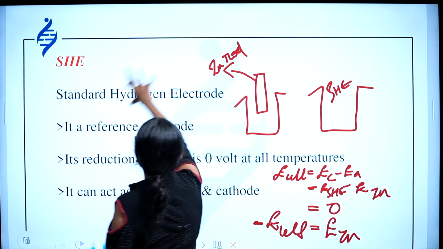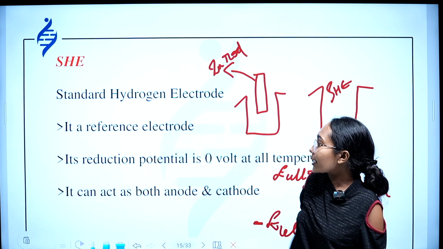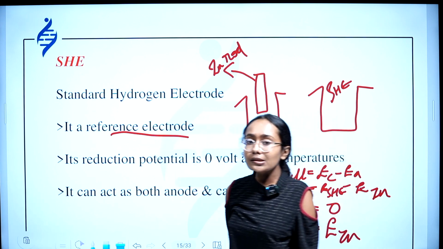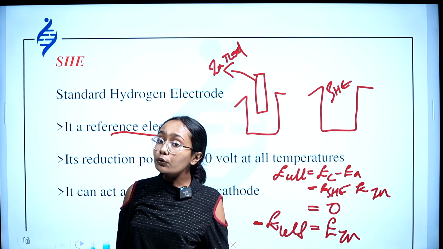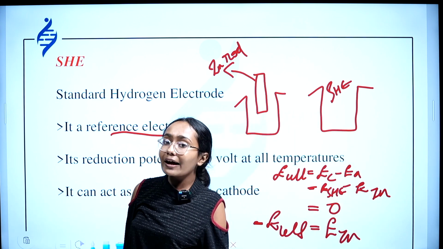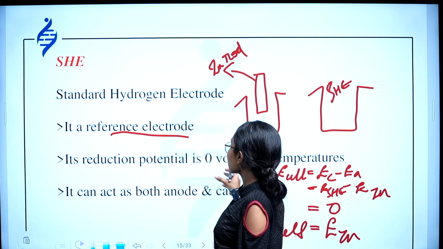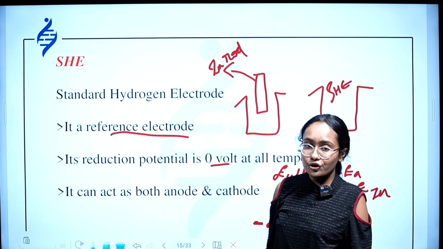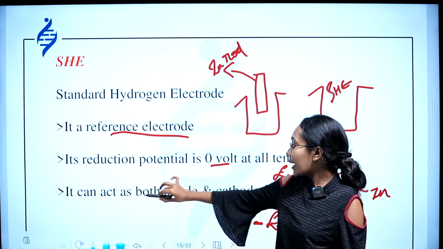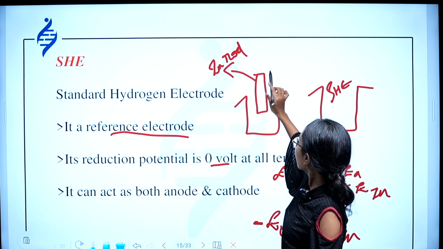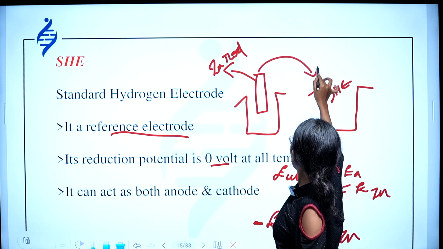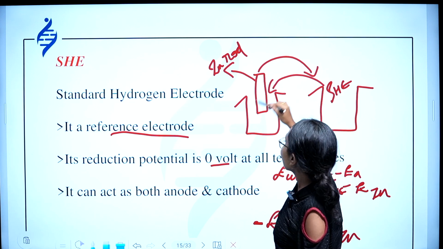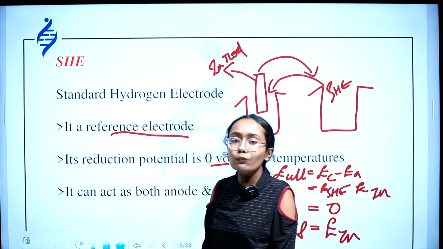Coming to other features of the standard hydrogen electrode, it's a reference electrode. Reference electrode in the sense that it is used to refer to the unknown potential values of species. Its reduction potential is 0 volt at all temperatures, already discussed. It can act as both anode and cathode. If zinc is being used as cathode and SHE is being used as anode, no problem, the value won't change.